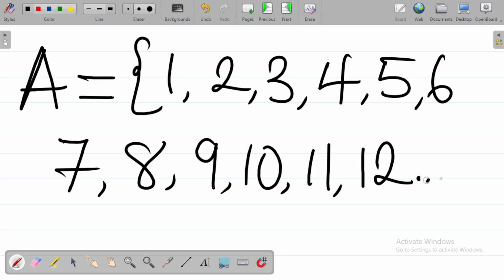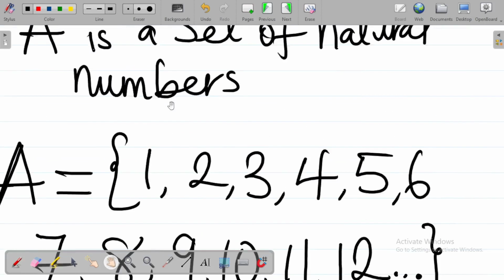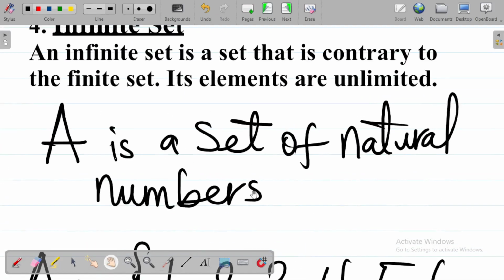So it goes on and on. It shows that they are unlimited. It is an unlimited set because we are told that A is a set of natural numbers. They didn't give us a limit. So the element of A can be 100, can be 200, can be 300, can be 50.